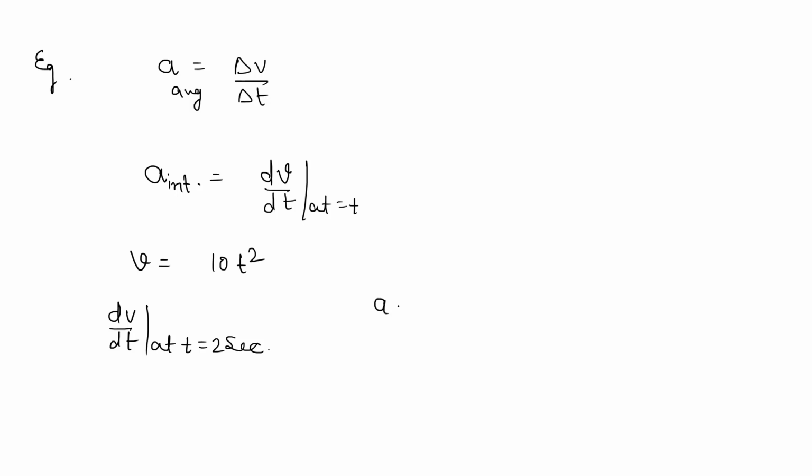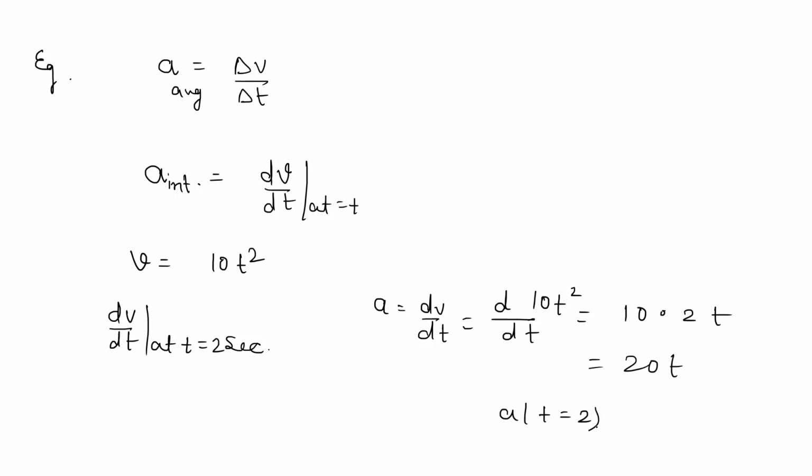How to find it? a is dv upon dt of 10t square, and 10 is a constant, so it comes out of the operator. And what is the derivative of t square? 2t. So you can write 20t, and at t equal to 2, 20 into 2, that is 40. 40 is the answer.